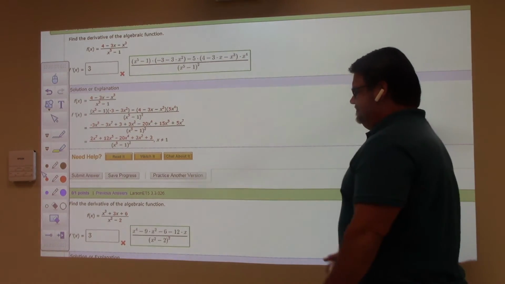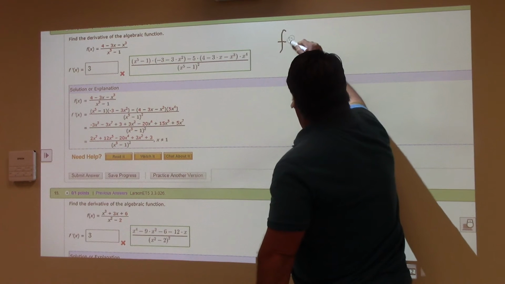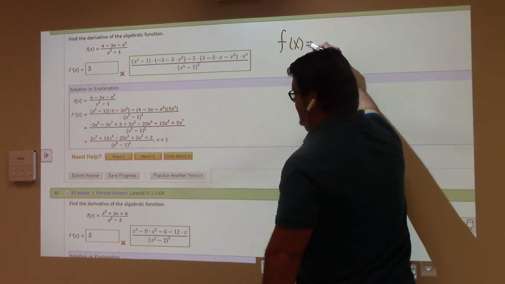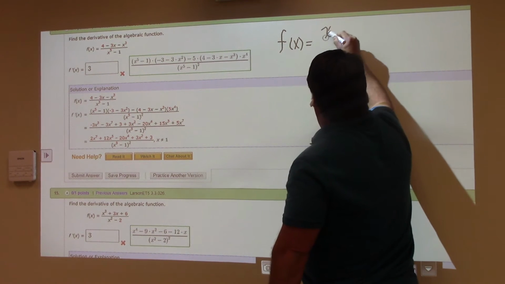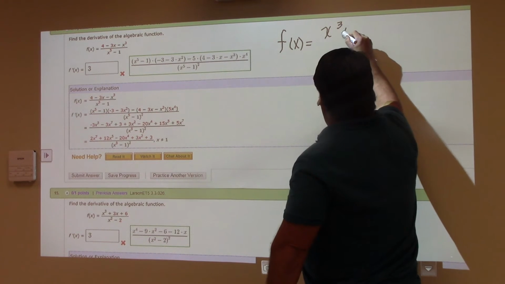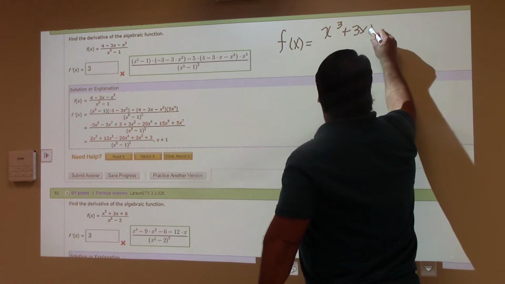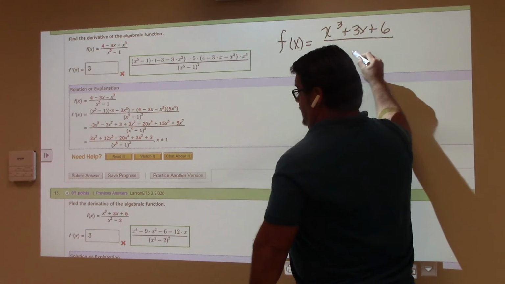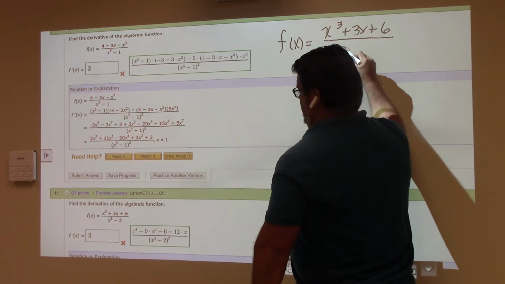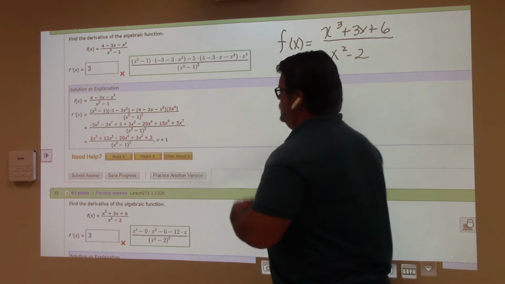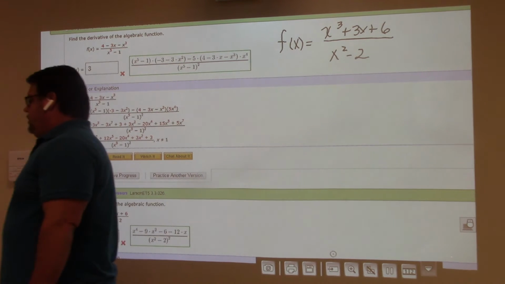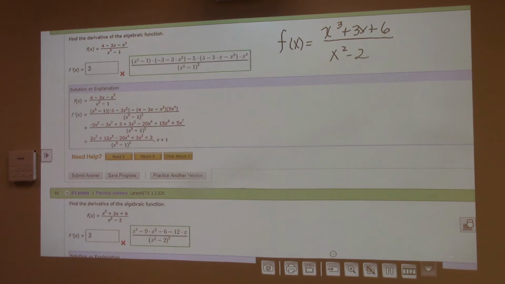Okay, that's all right. f of x is equal to x to the third plus 3x plus 6 over x squared minus 2. A lot of you probably think, oh look, somebody left me a butterfly.